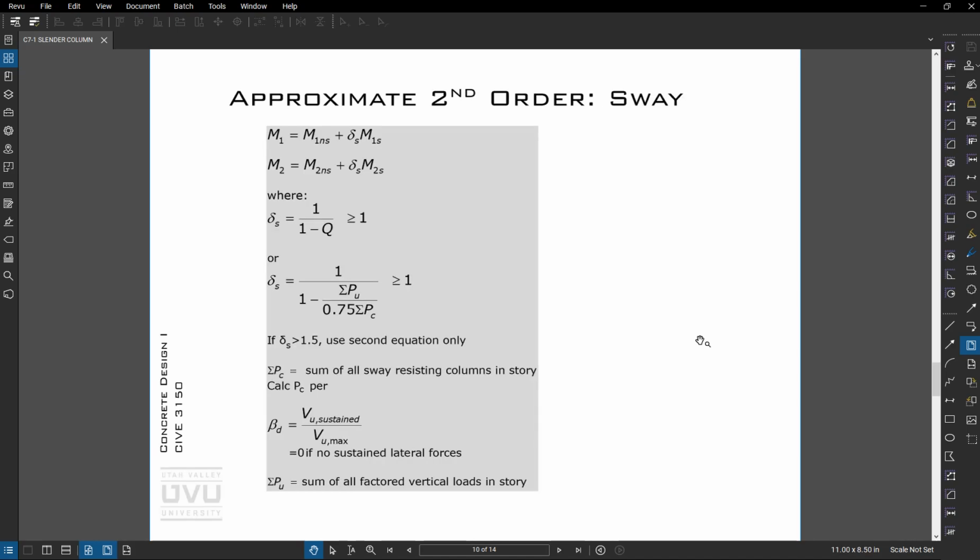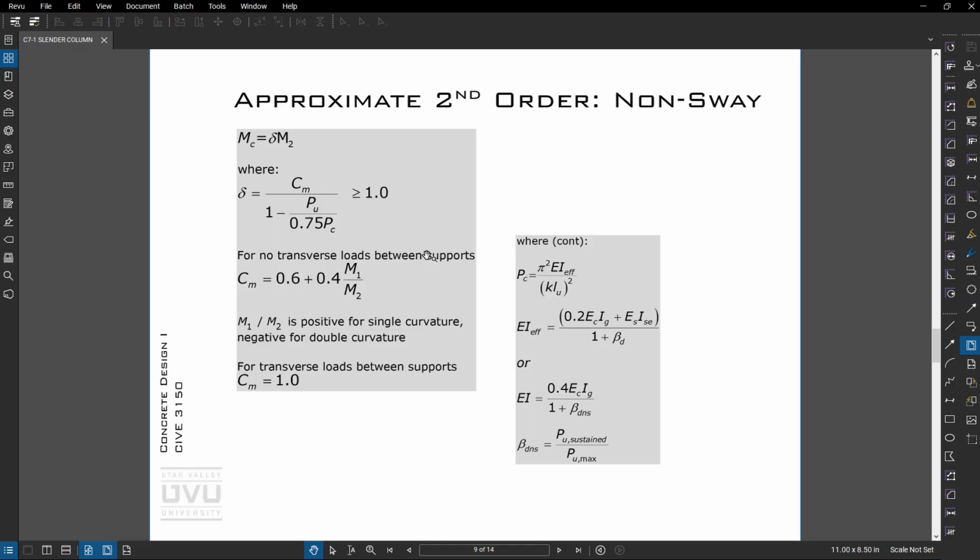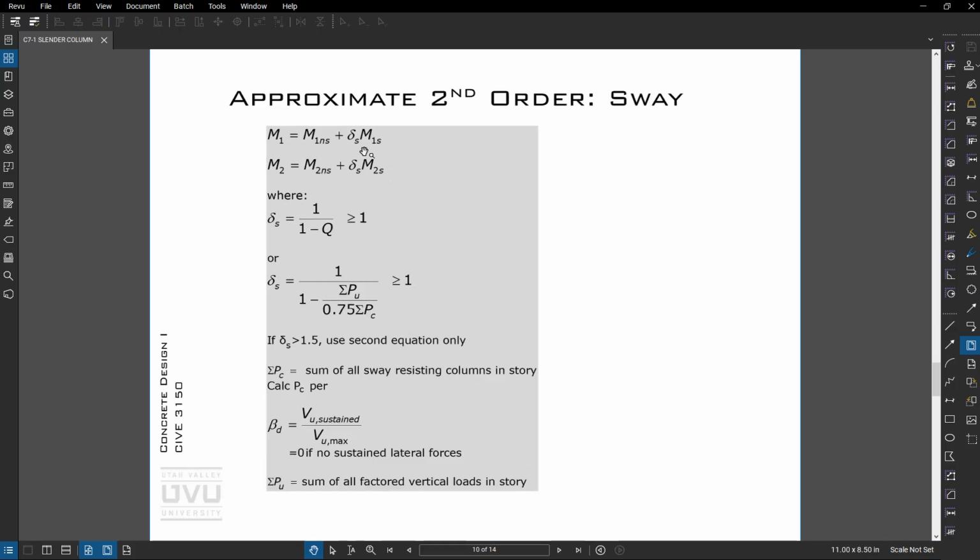And for sway, we have something similar where we have a term that includes the non-sway portion calculated from this page, and then an additional factor, a moment magnification factor for sway. And that's given by either of these two equations.